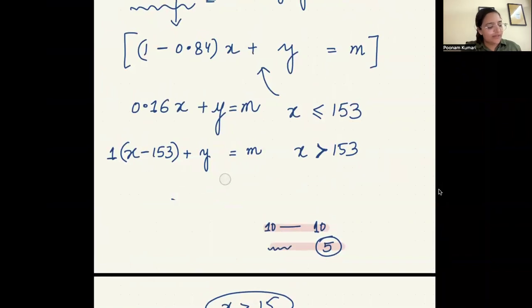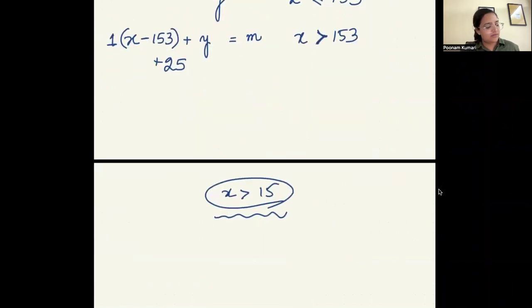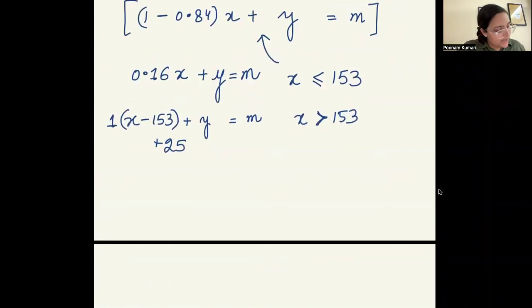So this actually will be $25, right? So what is my budget constraint? X minus 153 plus Y plus 25 is equals to M, right? So what is my equation?